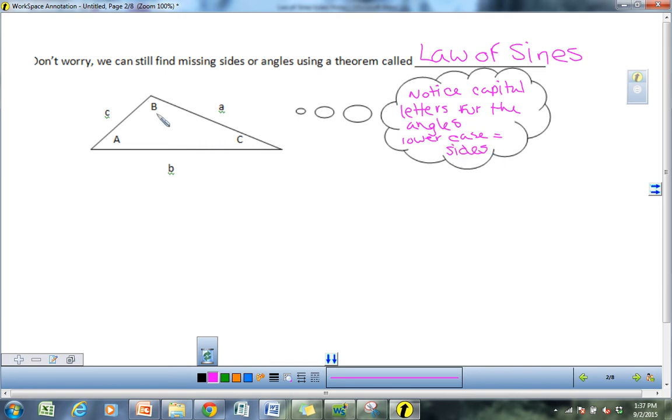And they should be right across from each other. So we have capital B is our angle here, across from it is lowercase b. Capital A is our angle there, across from that is lowercase a, and etc.